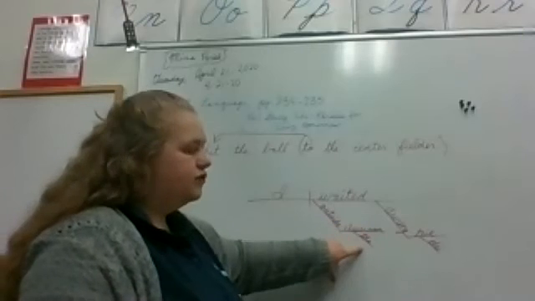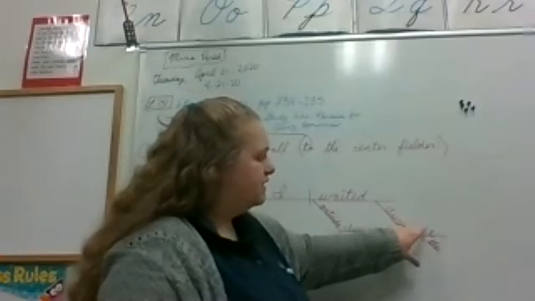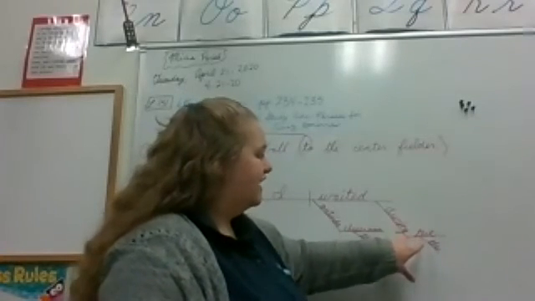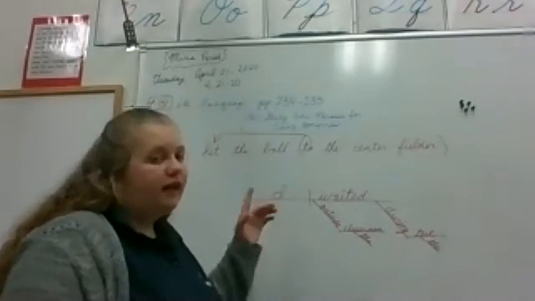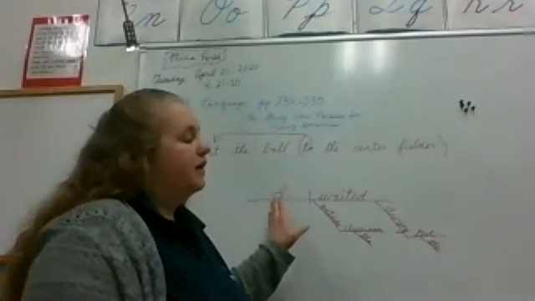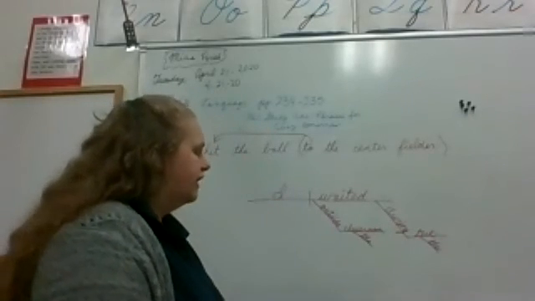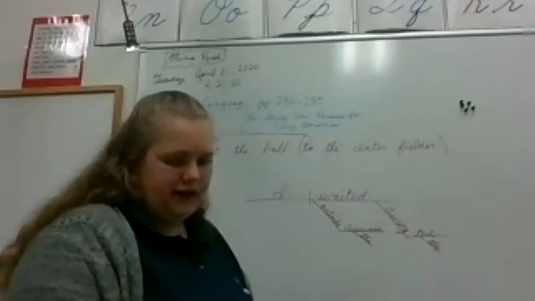The describes classroom, so it goes down here as an adjective. During is our preposition. Test is the object of the preposition. And the is another adjective that describes test. So that's how you do that. And notice I did capitalize I. We always capitalize I. But you also always capitalize the first word in the sentence on your diagram.